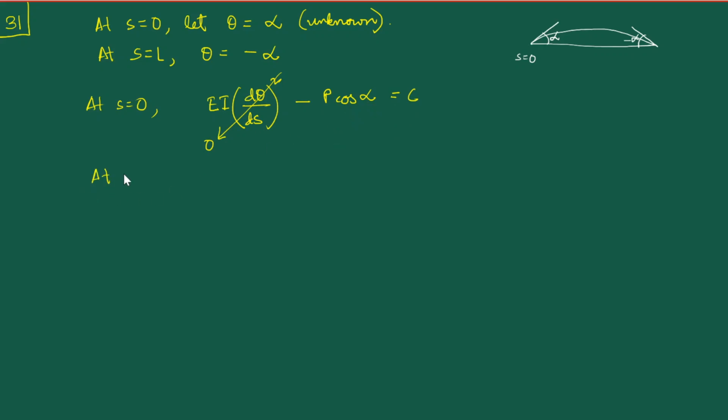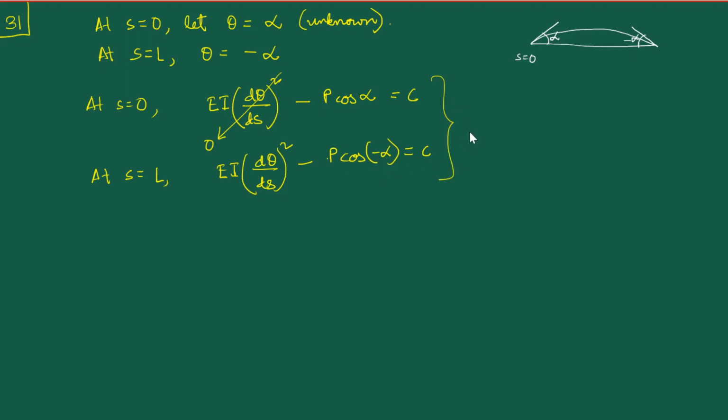Similarly, you do at s equal to L. This is again like this, but p cos minus alpha is simply p cos alpha because the positivity or negativity inside the cos doesn't matter.